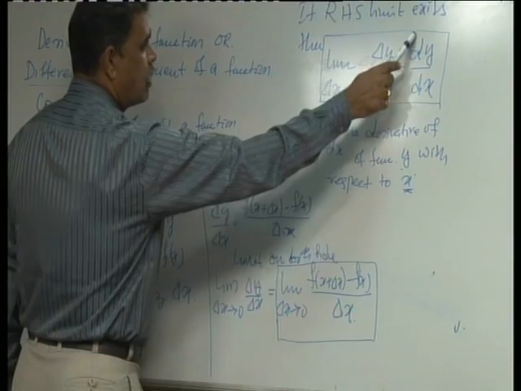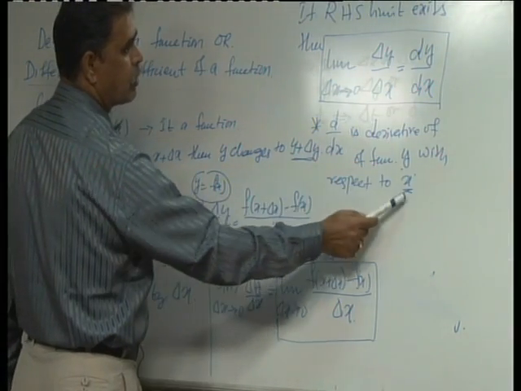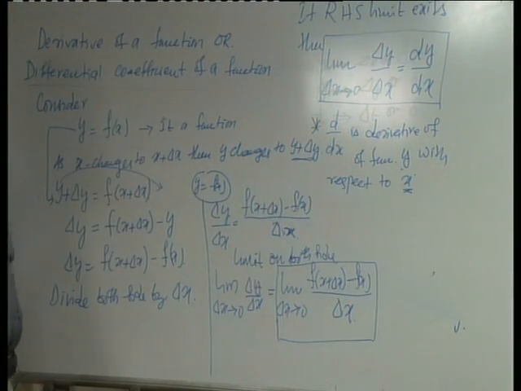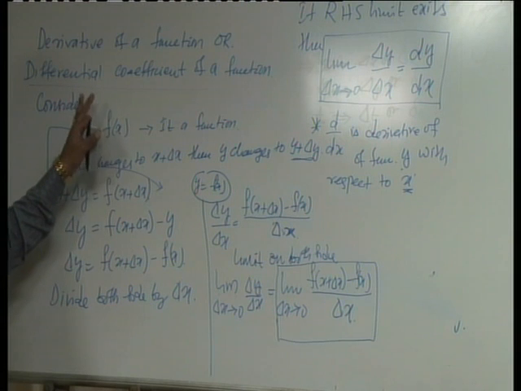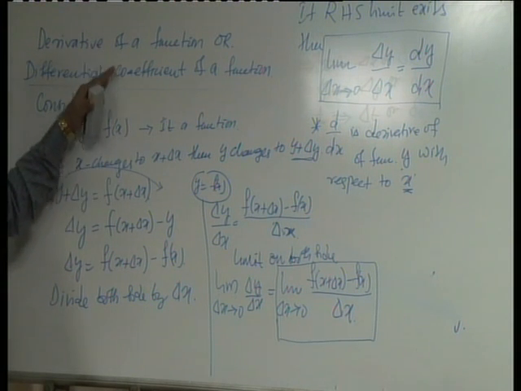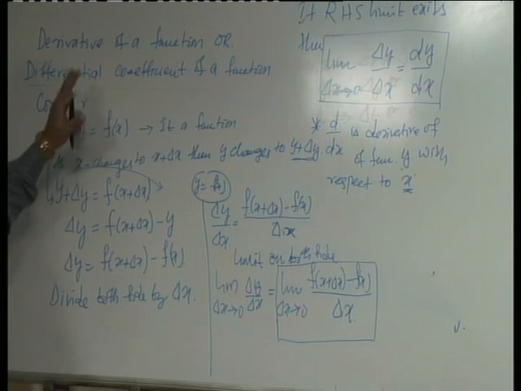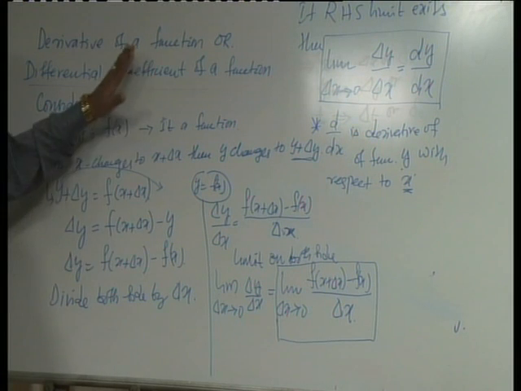This d by dx is the derivative of a function with respect to x, or it is also called the differential coefficient of a function. I am repeating this because we have to follow the same steps for any given function. Definitely you will have one question on getting the derivative of some given function using the first principle method. The same steps we have to follow.